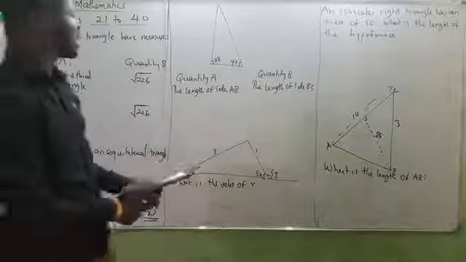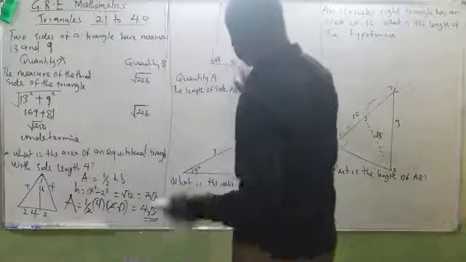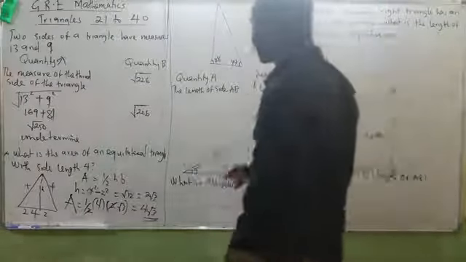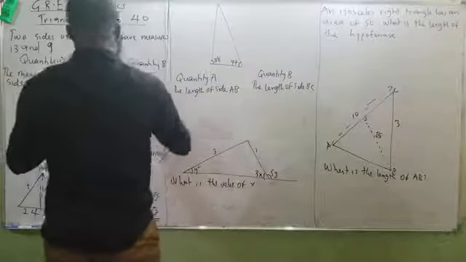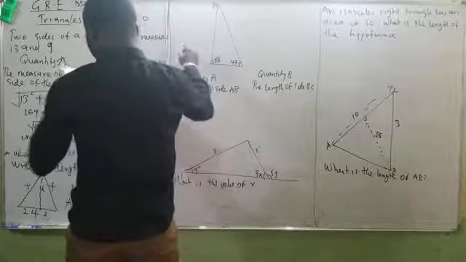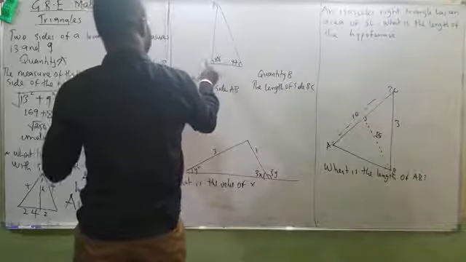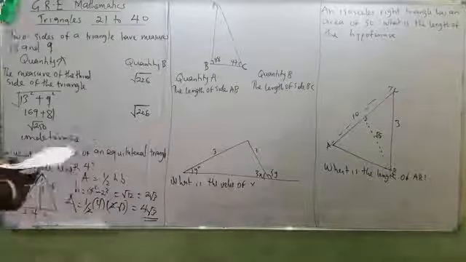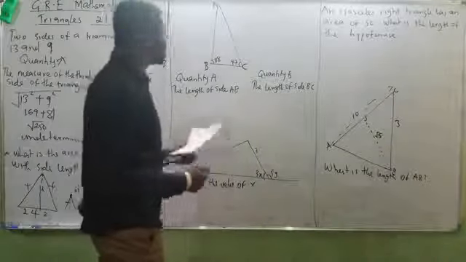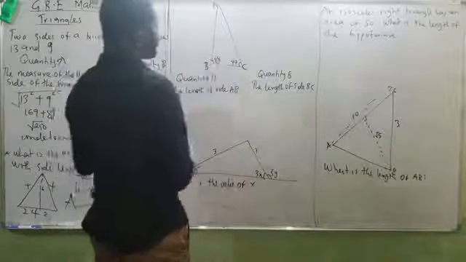Another question is here. You are having something like this, with triangle ABC, and you are asked to find the length of AB. Thank God there are 2 angles given to us.